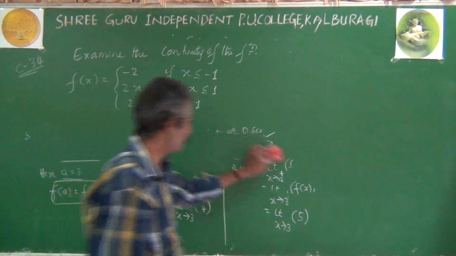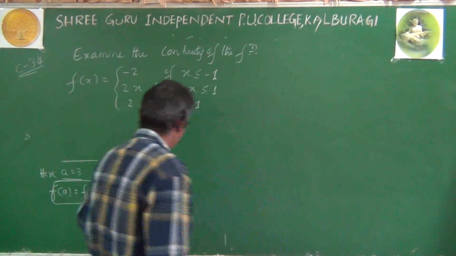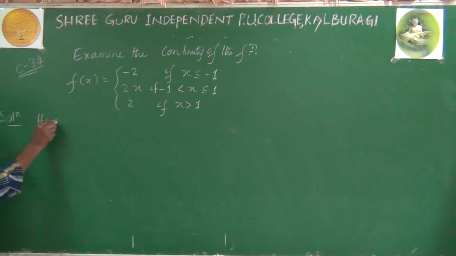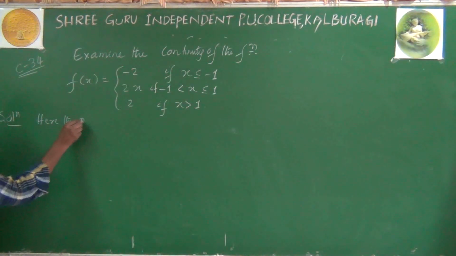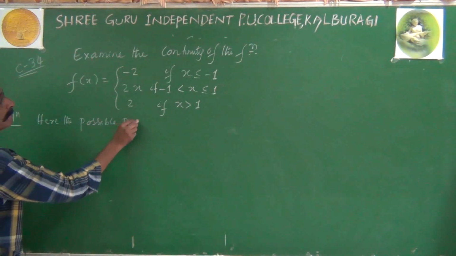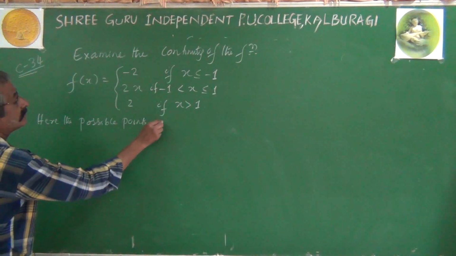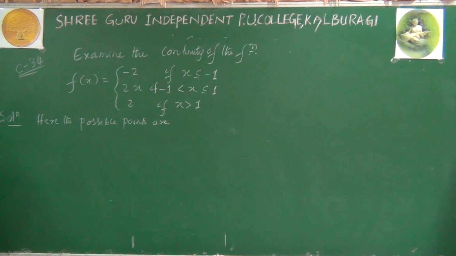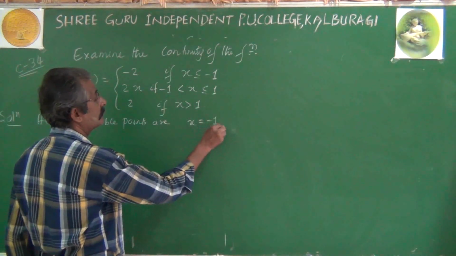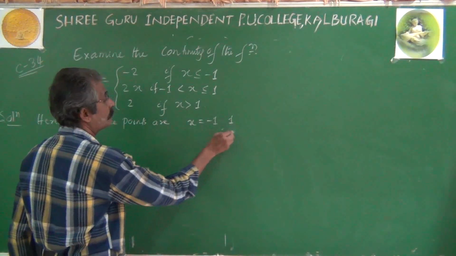Right. Solution. Write a sentence. Here, the possible points for continuity or discontinuity are x equal to minus 1, comma, x equal to plus 1.